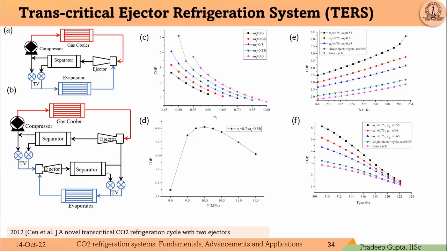Is it not better to control the compressor so that everything is compressed? See, now what happens is the energy of the expanding gas after the gas cooler, you are using in the ejector to compress. That energy is used to compress the liquid that is throttled, which is perfectly all right.